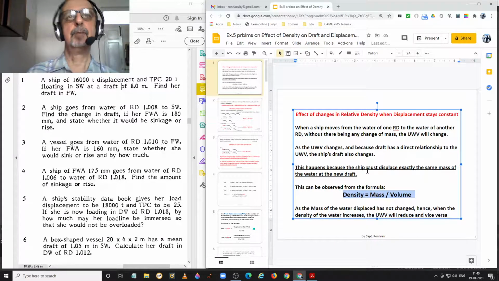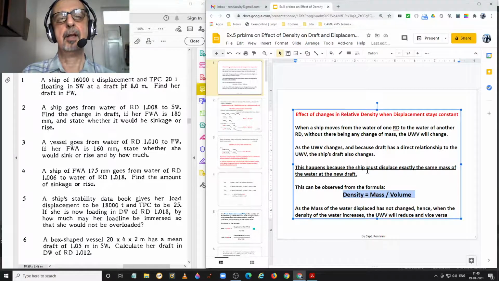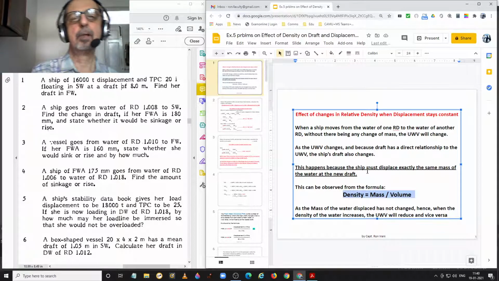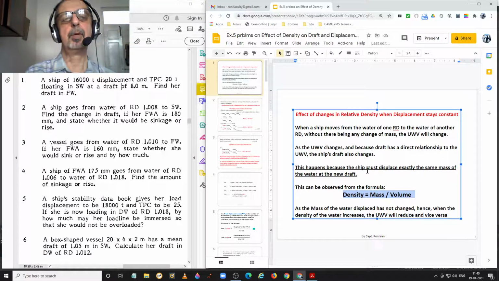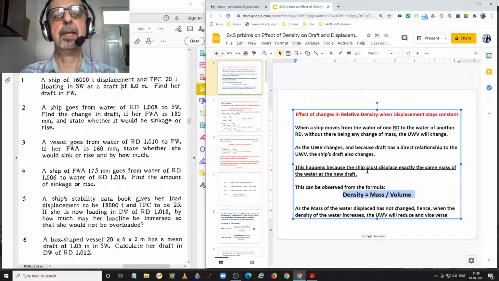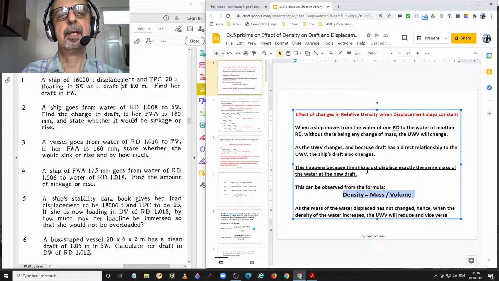Thus, if it was possible to pick up a ship physically from a water of one relative density and put it into the water of another relative density, it will displace the mass of equal weights. The weight of the water displaced will be the same, in other words.